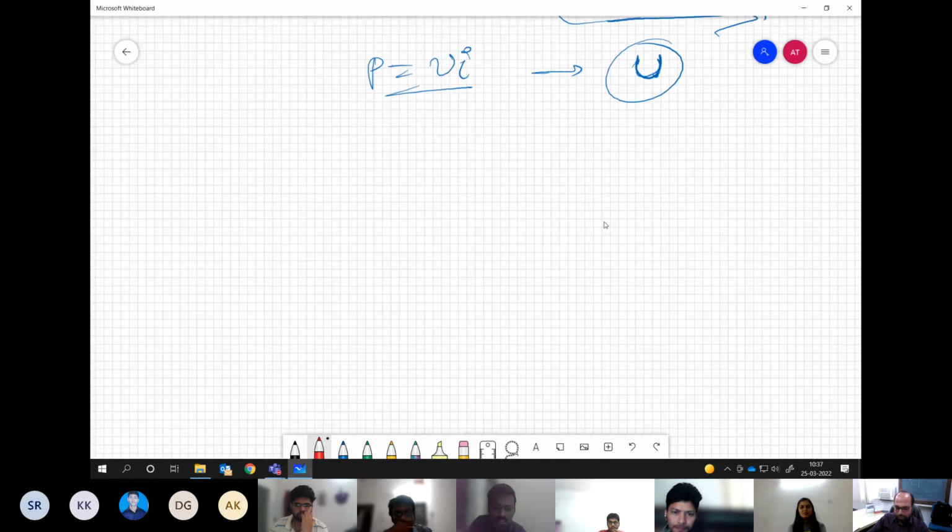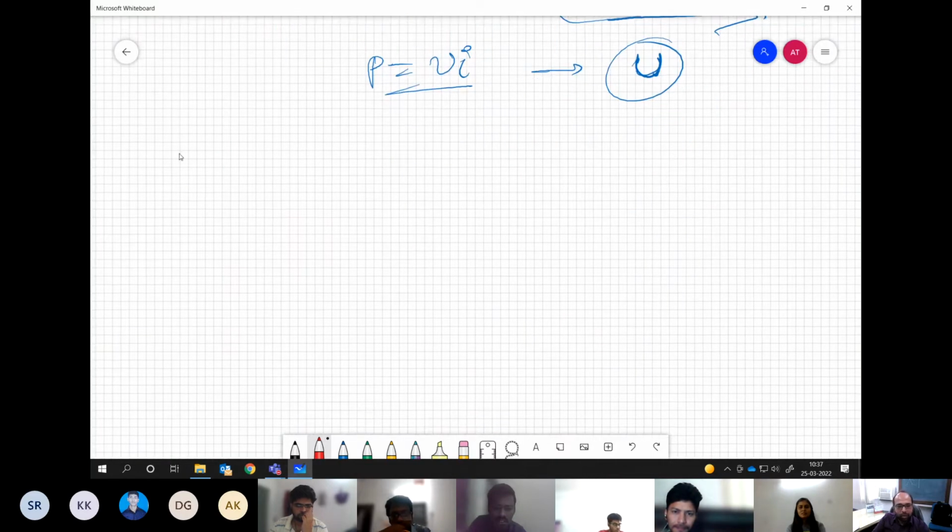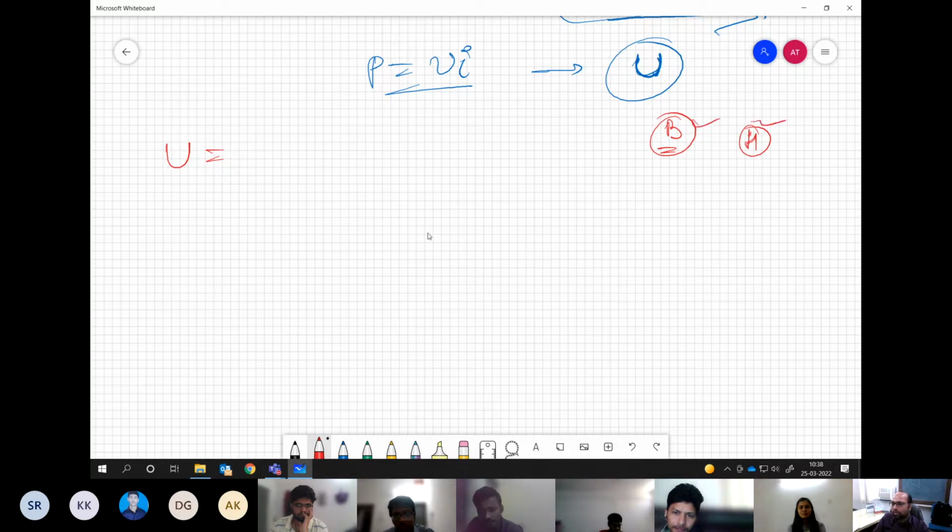So let us say when we are talking about energy, when we have any system, some magnetic flux density is there, some magnetic field intensity is there. What is the energy density for any system having these two things given? Half B into H, right? Yes, sir. Correct?